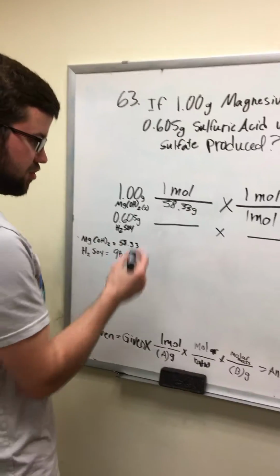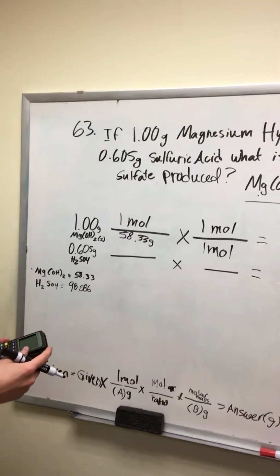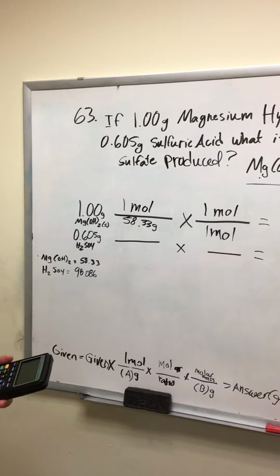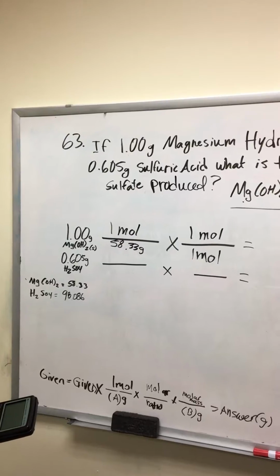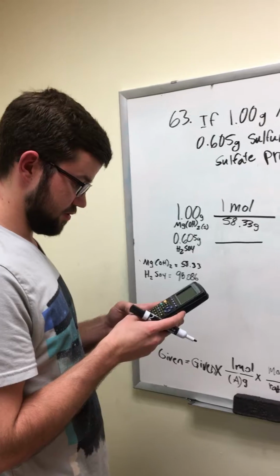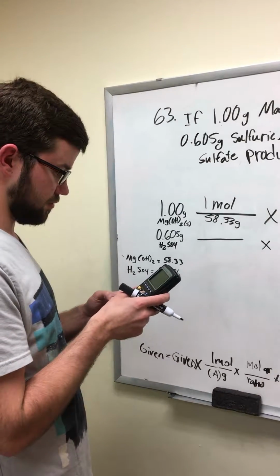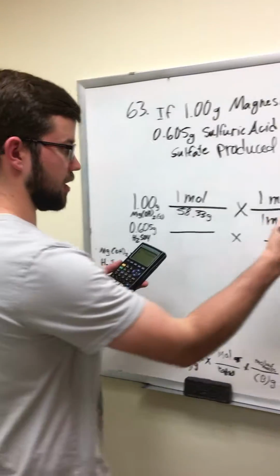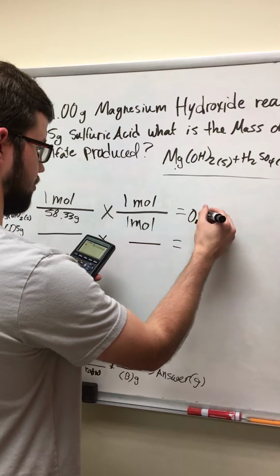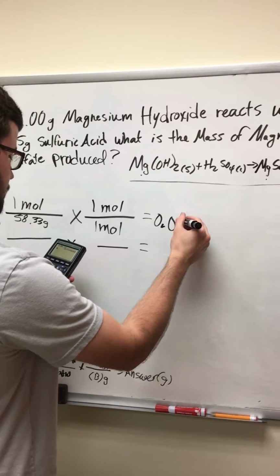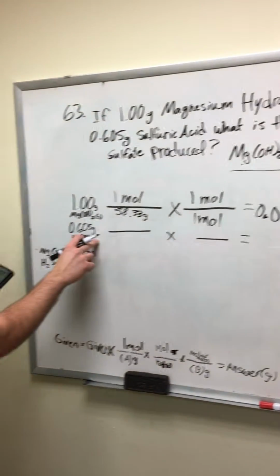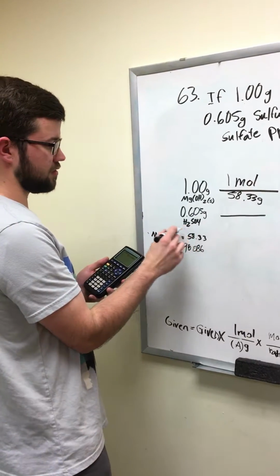And then once you multiply that across, divide that across, we get 0.01714.